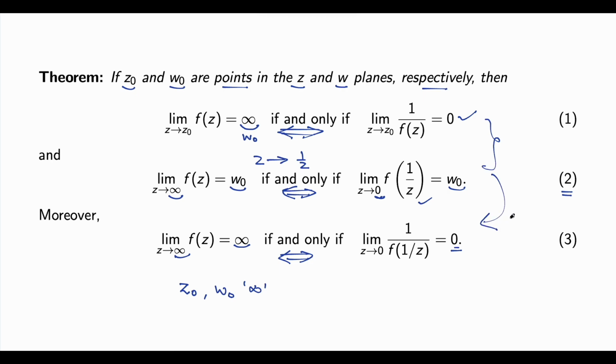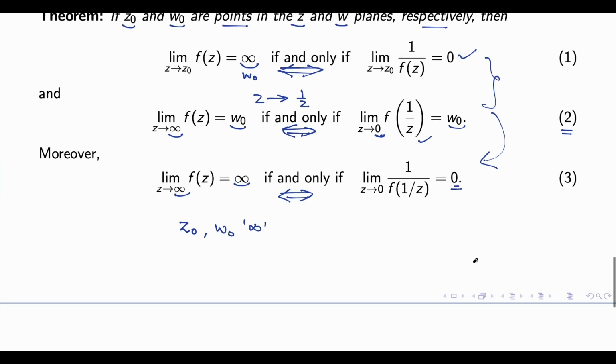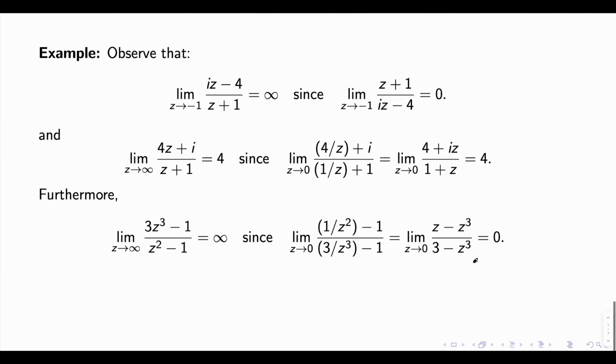Based upon that, we will do one problem, and this lecture is also helpful while calculating the residue at infinity. We will again recall these statements later. So let us observe one problem. Find the limit as z tends to minus 1 of (iz minus 4) divided by (z plus 1), which is equal to infinity.